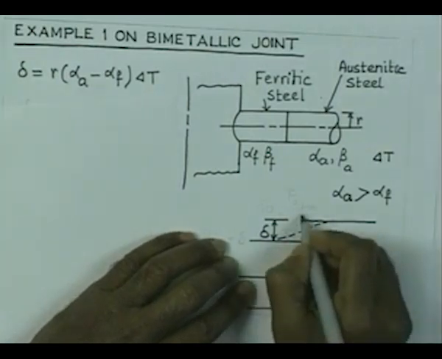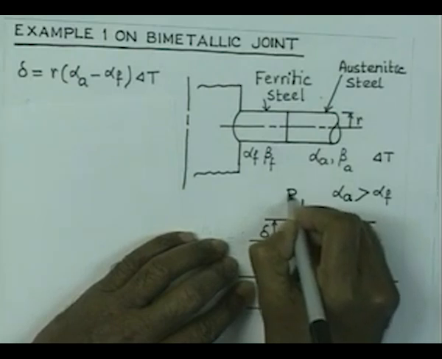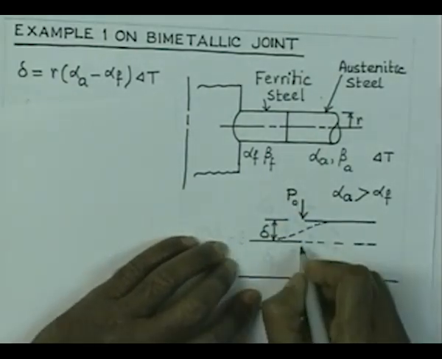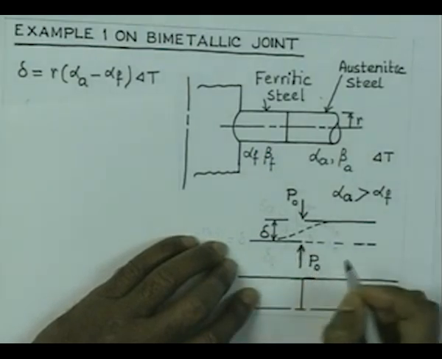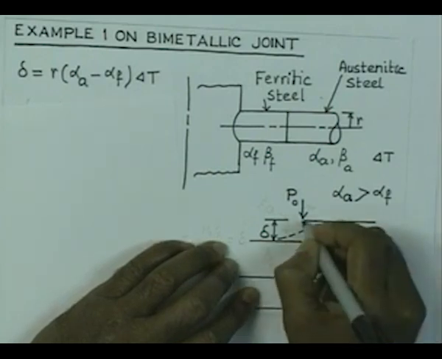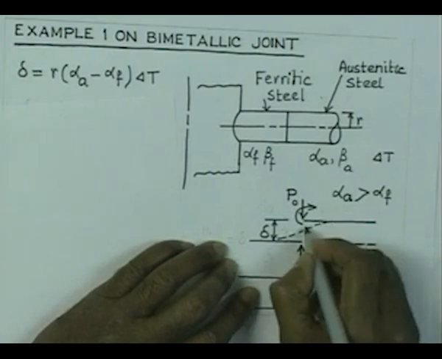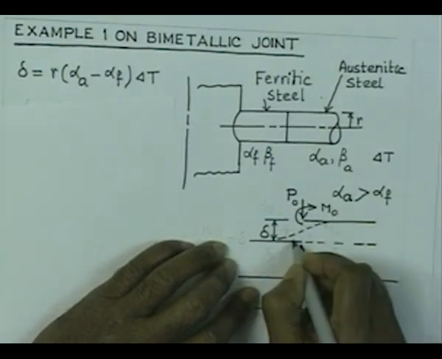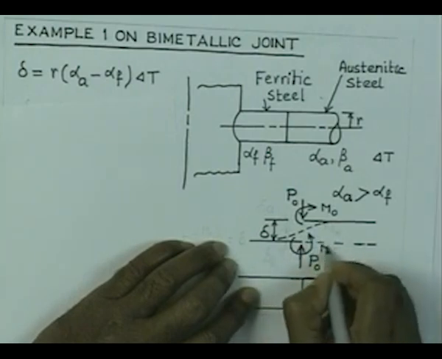The force acting internally at this junction is a radial force per unit length, P0, and the same force acts on the other part of the pipe, which is also P0. If we consider the bending moment acting at this point to be M0, we also get the same bending moment M0.